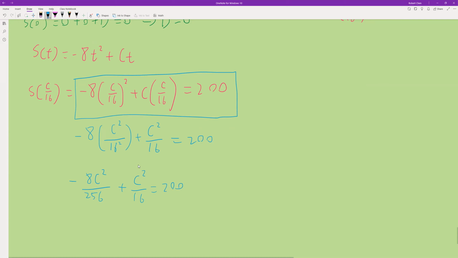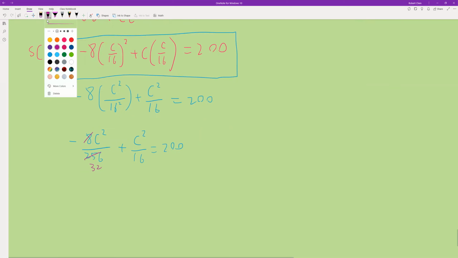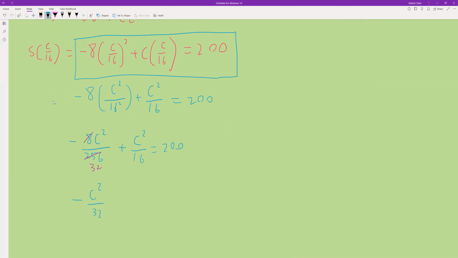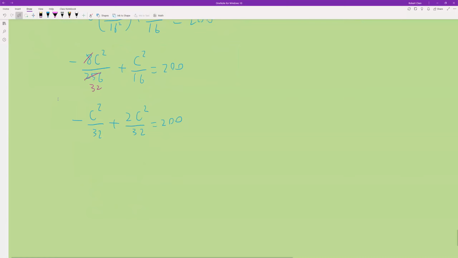Now we can divide the 8 and the 256. That will give us 32 in the denominator. So I have negative c squared over 32 plus, if we make the denominator 32, 2c squared over 32, is equal to 200. All right, and we can add them together.